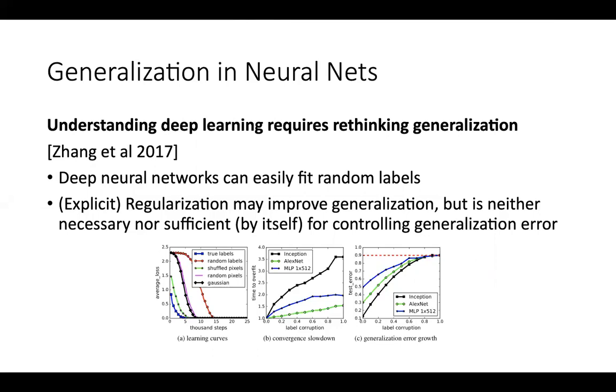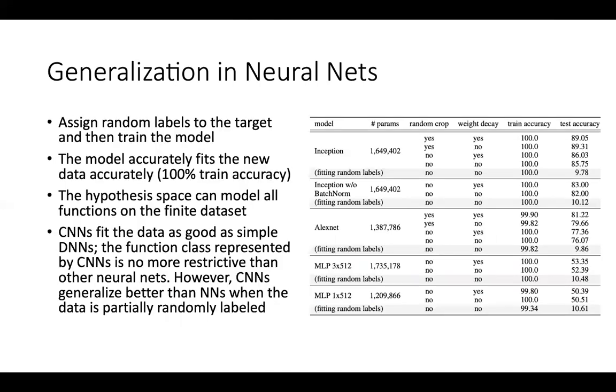That is, they generated random labels and fit a model to that, and they observed a number of things which at that time seemed counterintuitive. For example, regularization, or at least explicit regularization, may improve generalization, but it's actually not necessary or sufficient for controlling the generalization error.